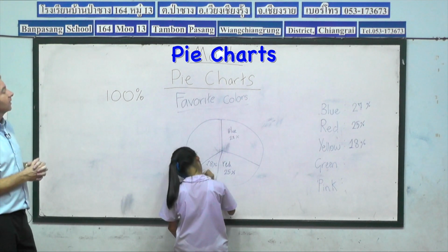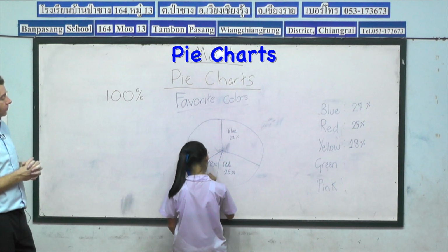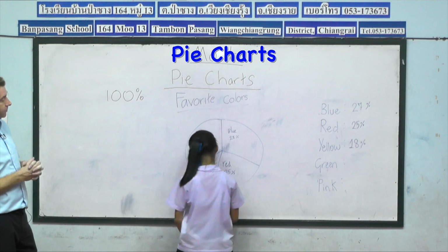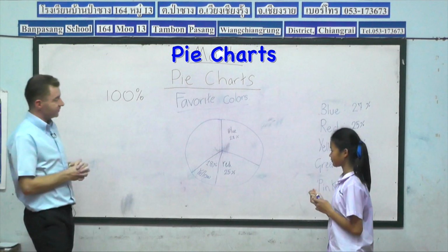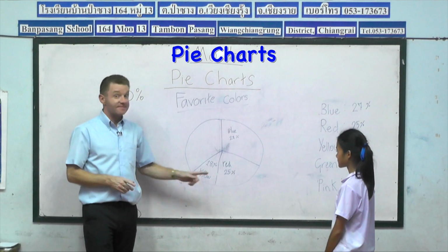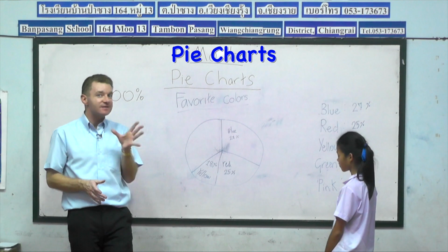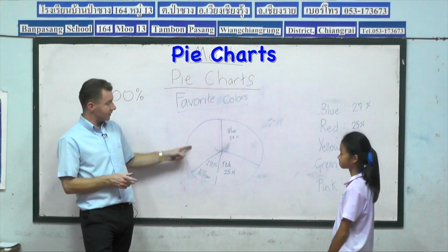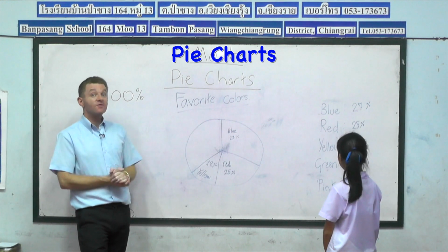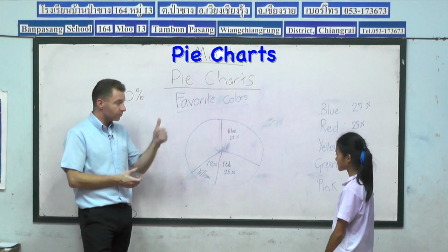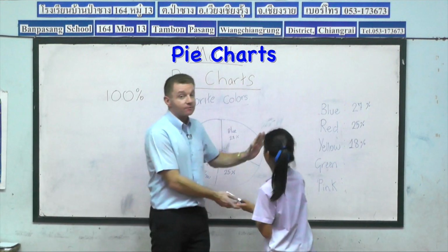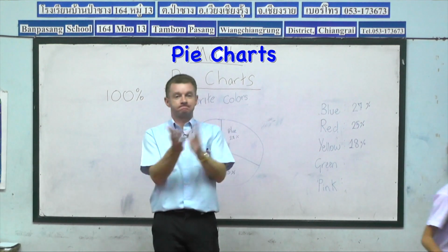Y-E-L-L-O-W. Brilliant. So now 52% plus 18%, we're at 70% already. But we still have 30% of the pie to complete. Dan, that was brilliant. High five, big round of applause for Dan, please, guys.